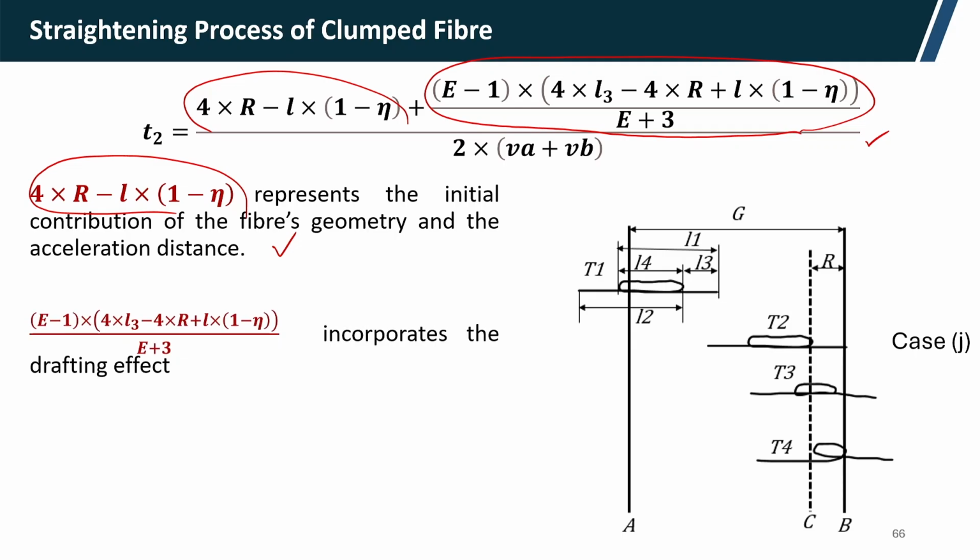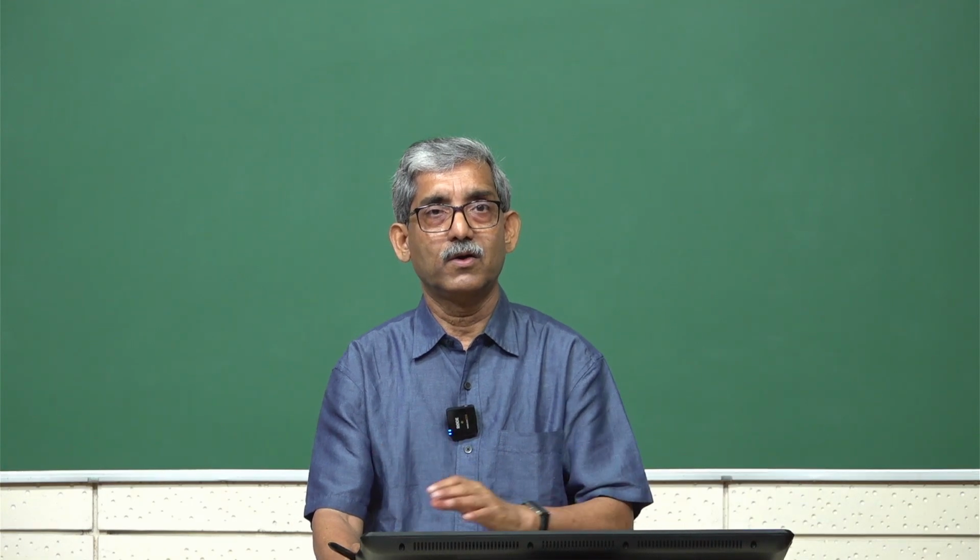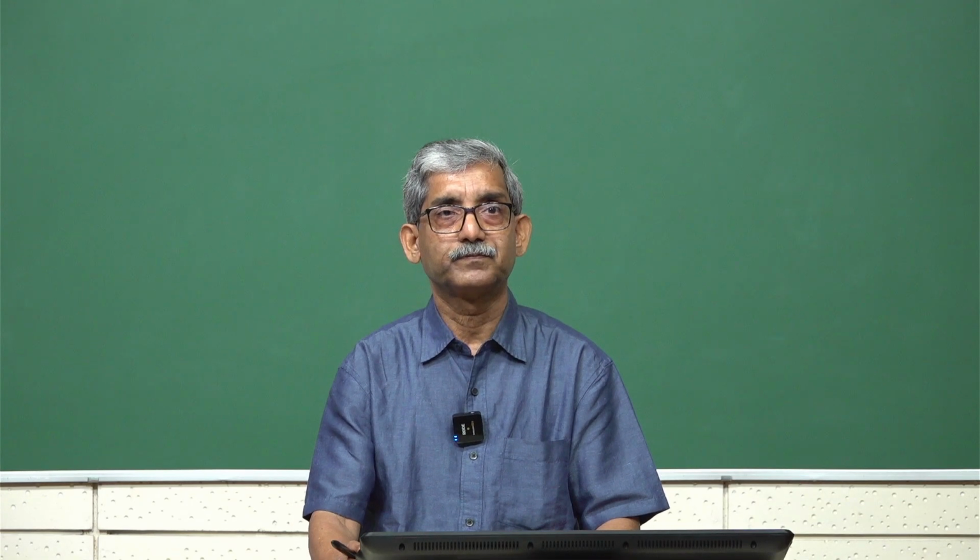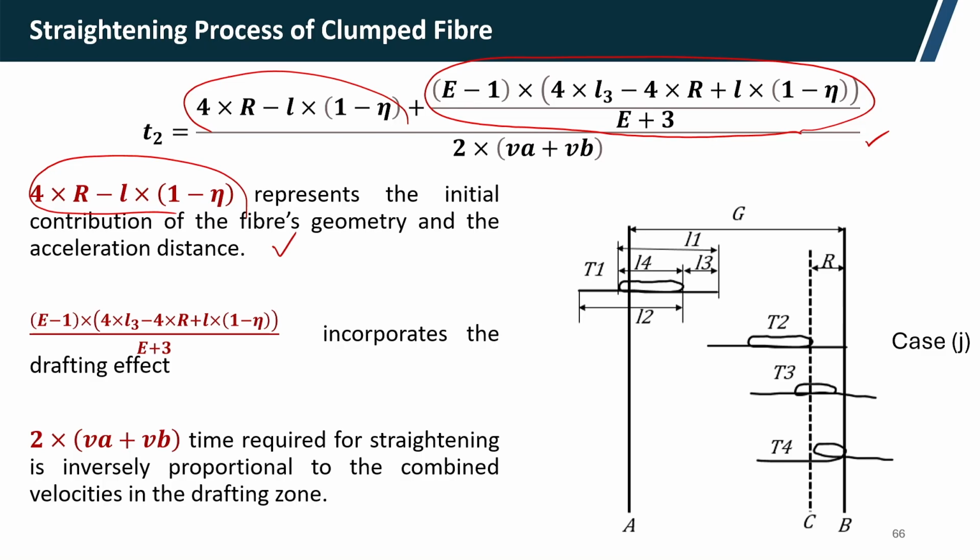All these derivations are given in one of the research papers published in Textile Research Journal. One can always go through this. And in this denominator part, the time required for straightening is inversely proportional to the combined velocities of the draft. So, that is what it is, the combined velocity.